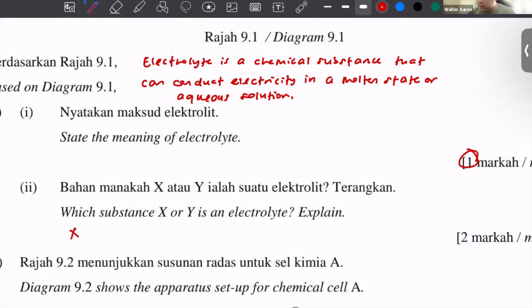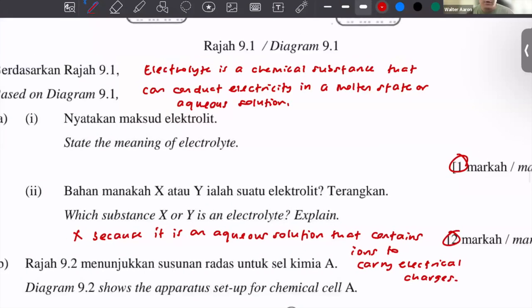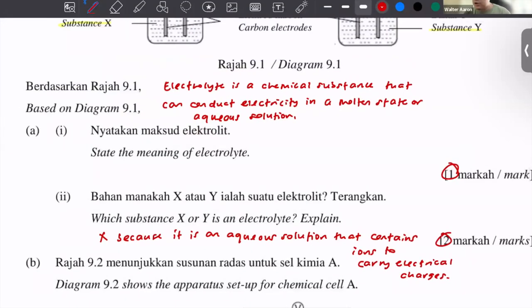So you put X, because it is an aqueous solution that contains ions to carry electrical charges. So there will be 2 marks. 1 mark for stating which substance, and another 1 mark for the explanation itself.